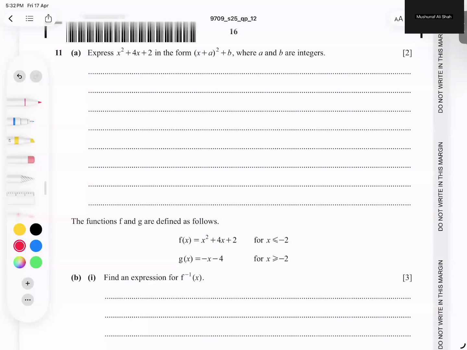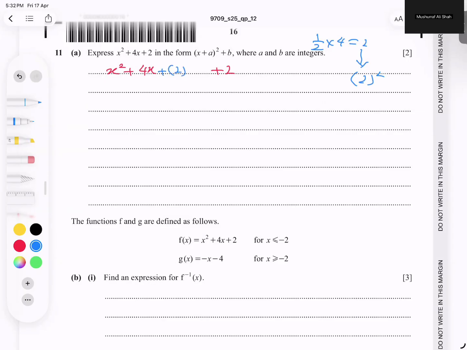Question number 11, we have the topic functions. Express this in the form of completing the square. So what is the way? We copy the first two terms as they are, leave a gap of two terms in the middle, and half of this 4 is 2. Take the square of this number, and I'm going to add and subtract it.